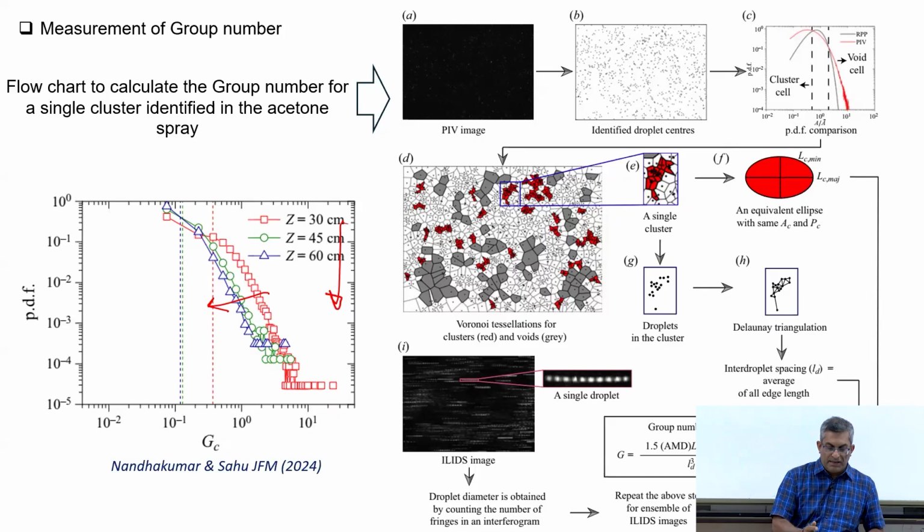But even below 60 centimeters, more than half a meter downstream of the injector exit, you see that there are some clusters where the group number is of the order of 1. This means that even far away from the injector exit, the droplets may not always burn or evaporate individually.